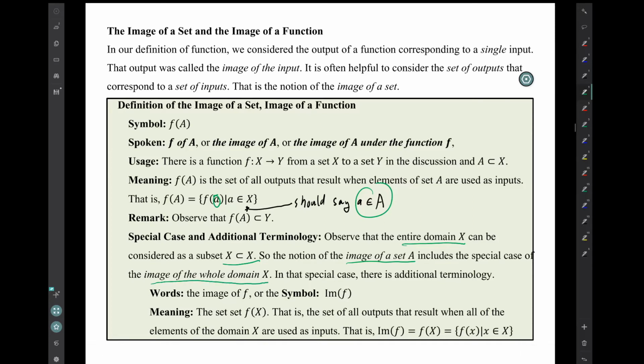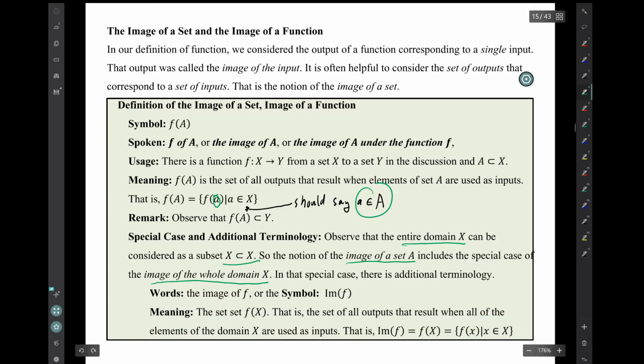In that special case, there's even more terminology. So I can use these words, the image of f, or this symbol, capital I m parentheses f. What that means is this set f parentheses capital X. That means the set of all outputs that result when all of the elements of the domain set X are used as inputs.